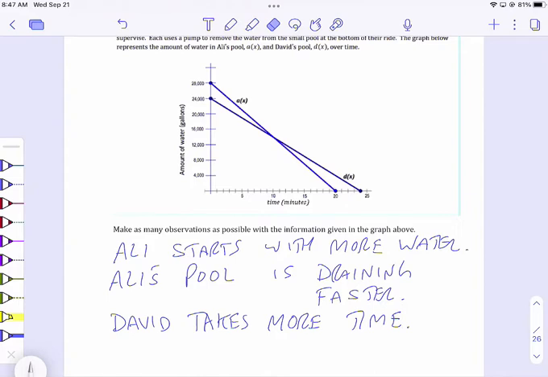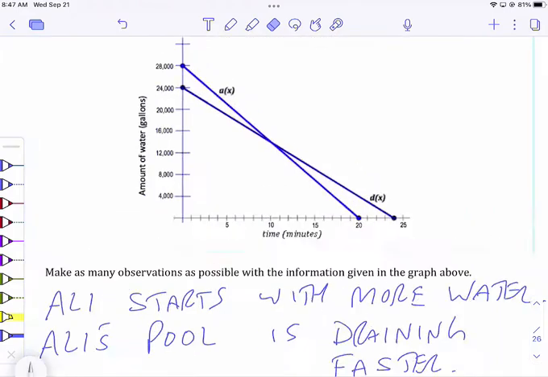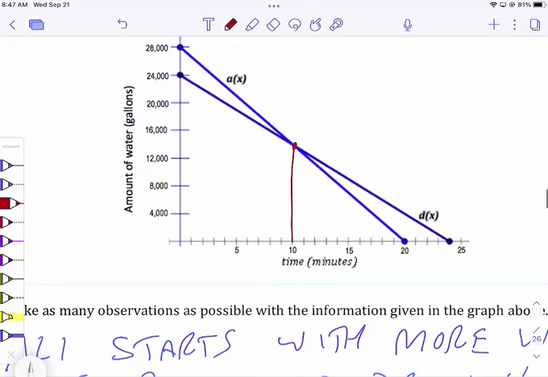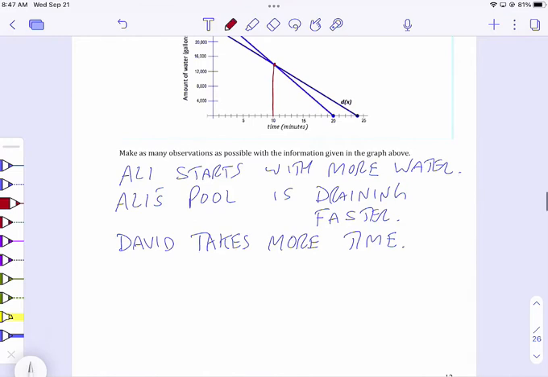Ruby? Yeah. There's this intersection point here, and it's at about 10 minutes. I can't really tell exactly what that is. Ruby didn't mention that y value, so let's not even bother with that.